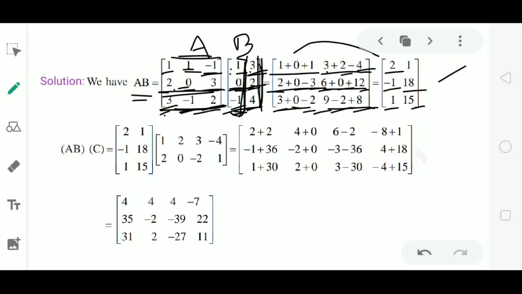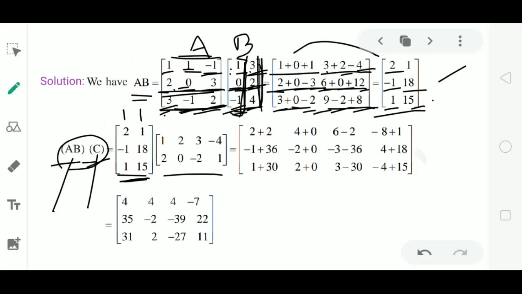Now we find AB into C. AB is one matrix, C is another matrix. AB into C is the product of the two matrices AB and C. Again here, this product is defined only when the number of columns of the first matrix AB is equal to the number of rows of the second matrix C. Observe here, matrix AB has 2 columns.